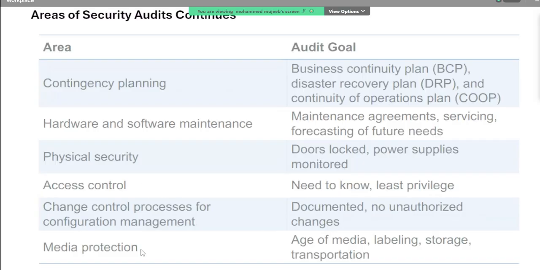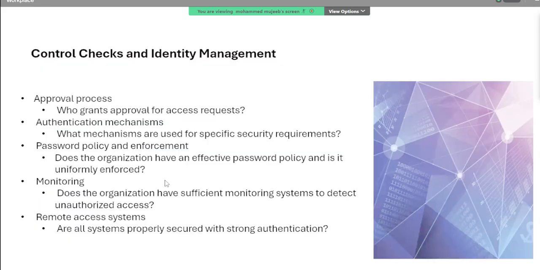How are you protecting your media, age of the media, labeling, storage, transportation, all those kinds of things. Control checks and identity management approval process, who grants approvals for access requests. They look at this too. Authentication mechanisms, password policies, monitoring, remote access systems. All of this is considered in audit.